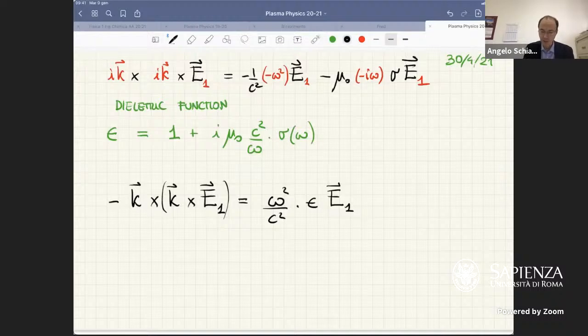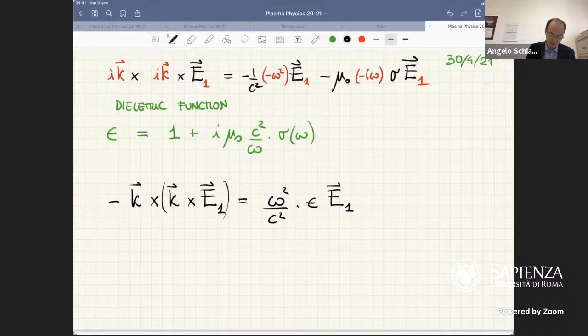Okay, and we recall a useful relation between a curl of a given quantity, which is very often used in wave equations.